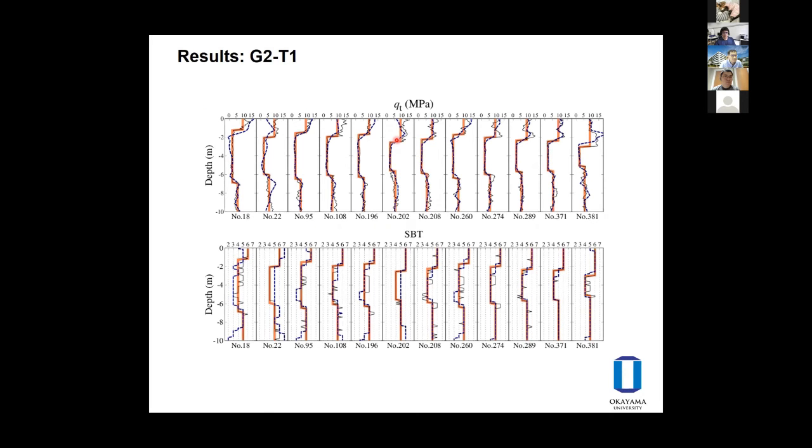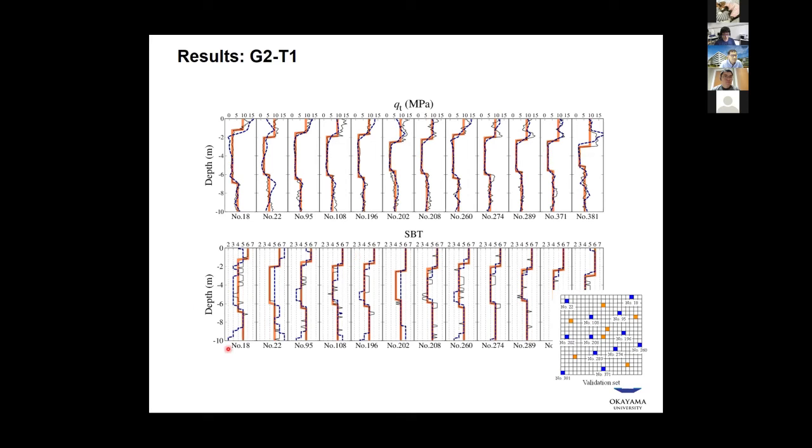And these are the results of G2 T1. Results are not so bad, but as you can see, there is a big difference between lasso estimates and data and true trend. GLasso is basically good at interpolating data, and is not good at extrapolating.